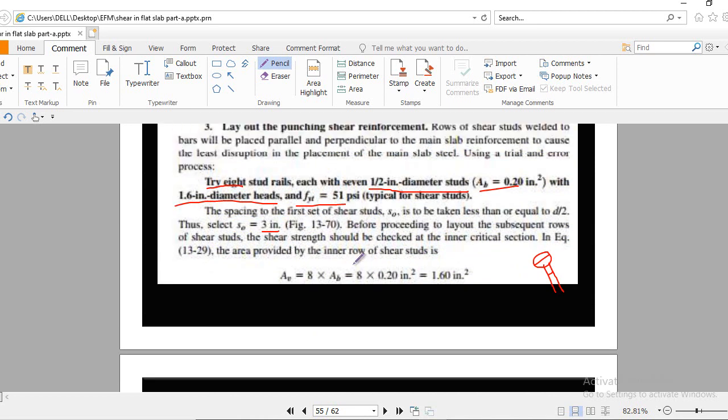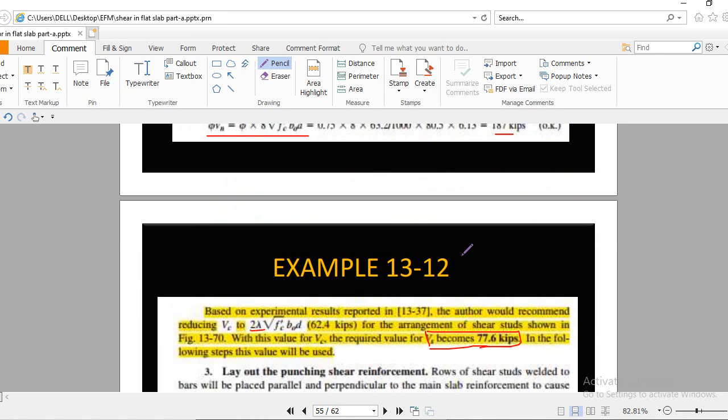Now the next thing is that before proceeding to layout the subsequent rows of shear studs, the shear strength should be checked at the inner critical section. In equation 13.29, the area provided by the inner row of the shear studs is, I already explained this, the total shear stud area along the first periphery.